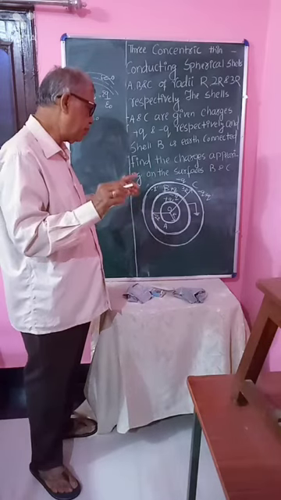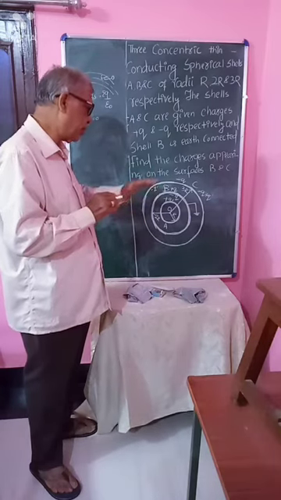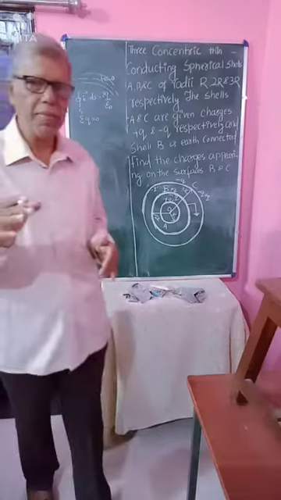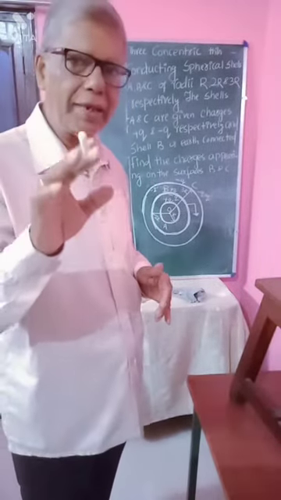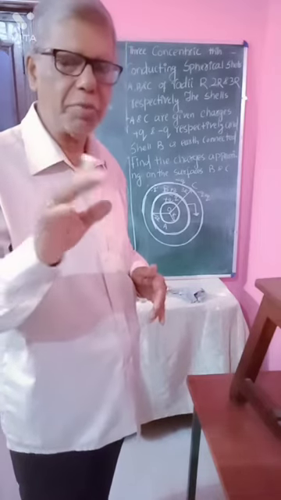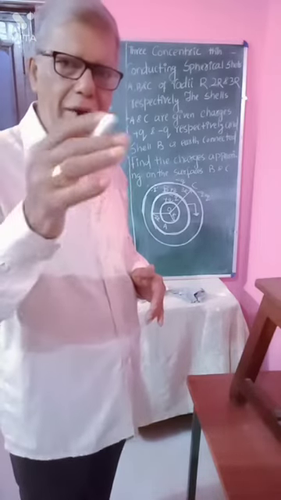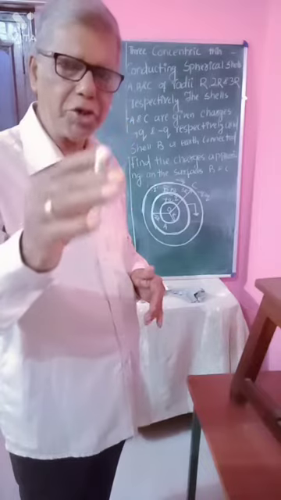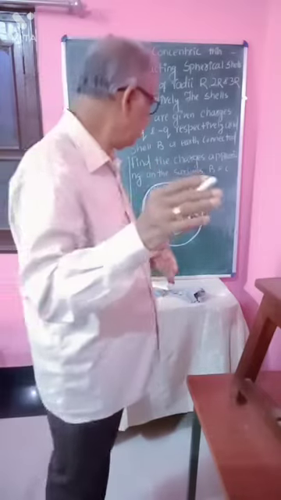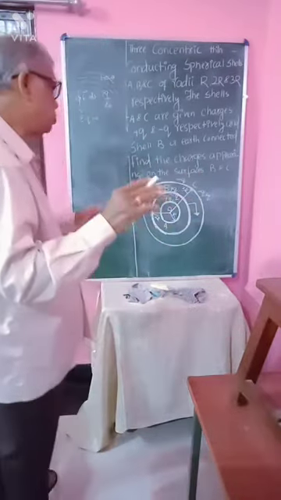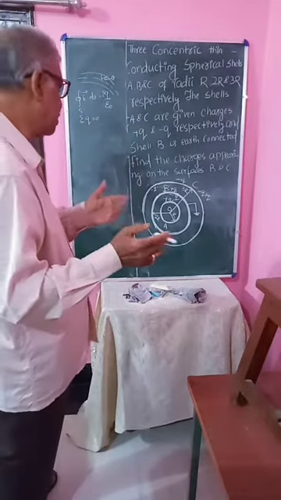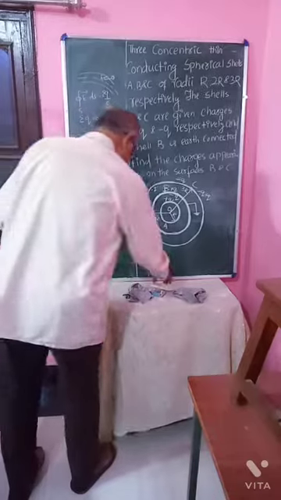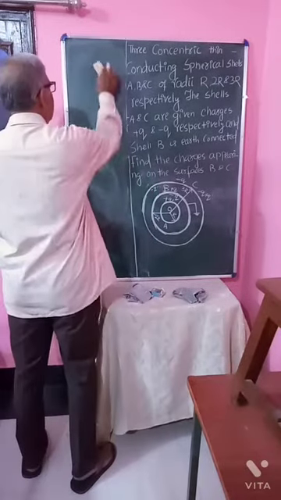Now, very important is that whatever be the charge distributions, the conductor B, the shell B, as it is earth connected, must have zero potential. So if you find out the potential due to all charge distribution on the surface B, it must be set equal to 0. From that you can find out the unknown parameter, that is Q dash. Now let us see one by one.